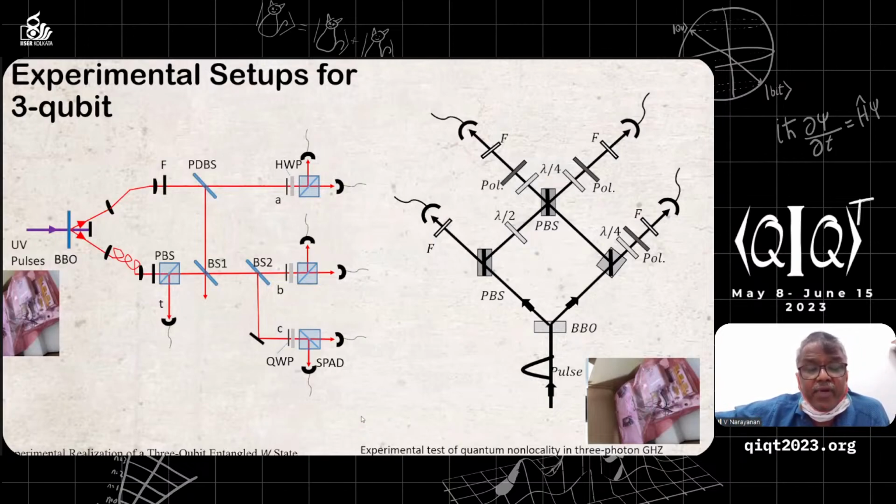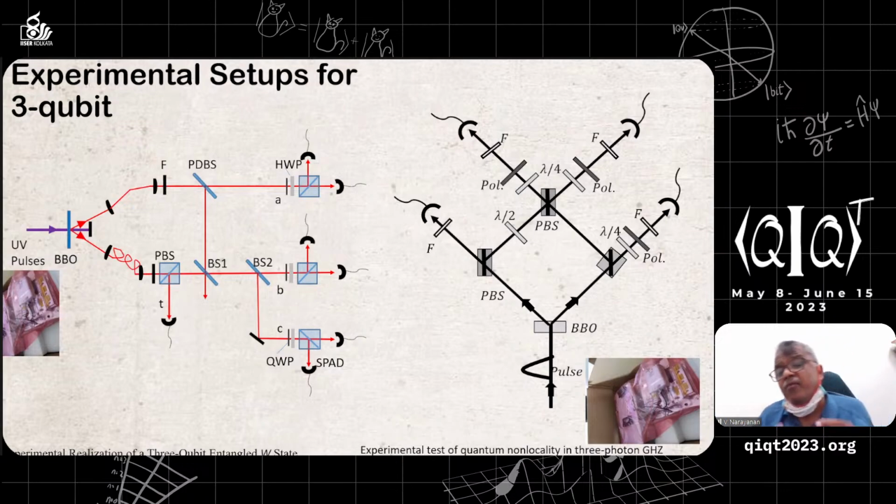By using 2 different combinations, one can generate a W state or a GHZ state. So one uses the various polarizing beam splitters, a normal beam splitter, half-wave plate, and quarter-wave plate, depending upon the state you want to generate, either a W state or a GHZ state, from the 2-qubit state. We are in the process of developing this.